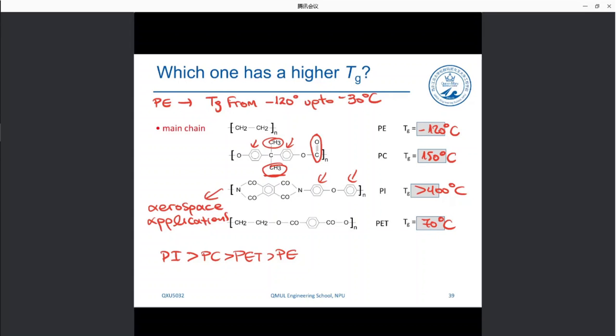The reason why polyethylene has around 80 degrees difference from the glass transition of polycarbonate is because, firstly, it has a much longer chain. Secondly, it has only one phenyl ring, and it doesn't have any other double bonds over there, so it's much easier to break down the bonds, okay?